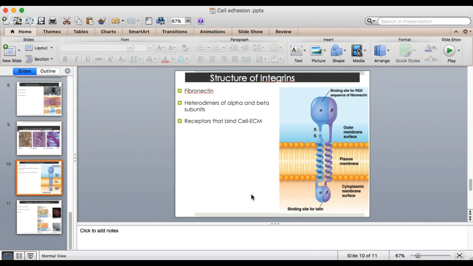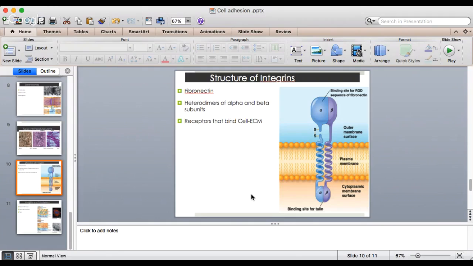Now moving on to the structure of integrins. Fibronectins and laminins allow cells to attach to the extracellular matrix. Fibronectins serve as a bridge that joins cells to the extracellular matrix.